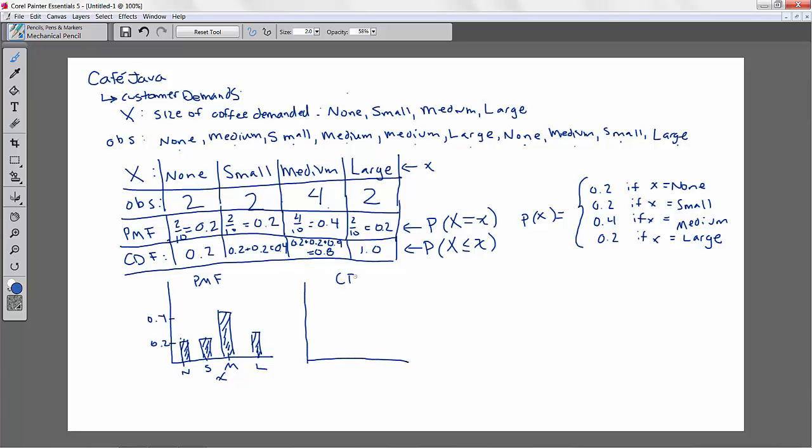Now the corresponding cumulative distribution function takes on these values. So we have none, small, medium, and large. There's a 0% chance of getting anything smaller than none, and then this goes up to a 20% chance of something smaller than or equal to none. By the time we go up to small, the CDF value jumps to 0.4.